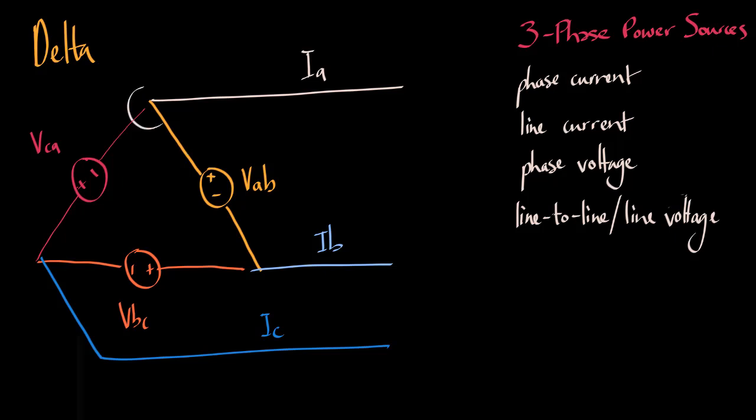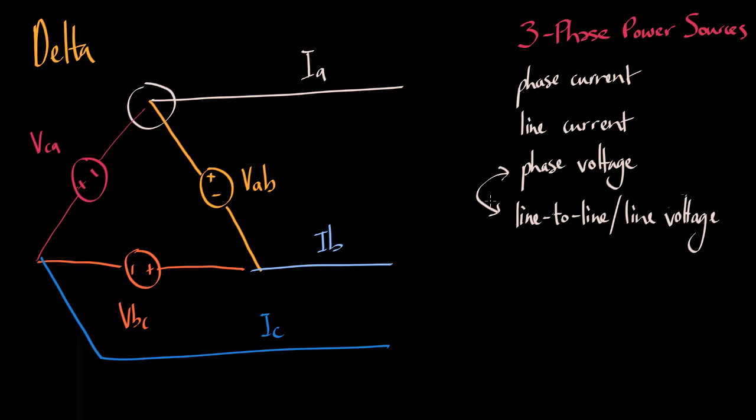Take for example this point, where in a star connection it was only one phase current moving into that node. Now we can see that there are in fact two phase currents influencing the line current. That said, when it comes to voltage, in delta connections, the phase voltage and the line voltage are the same.